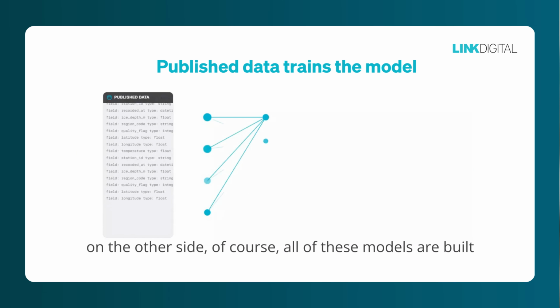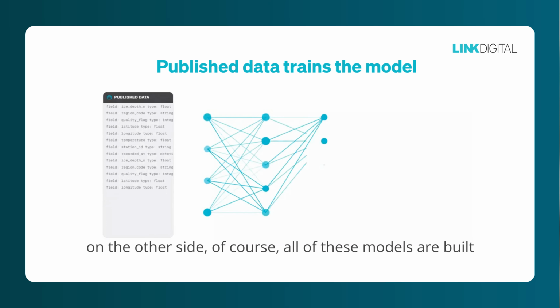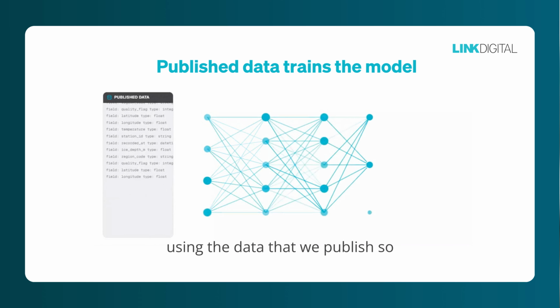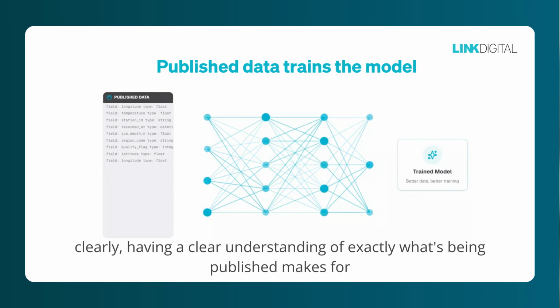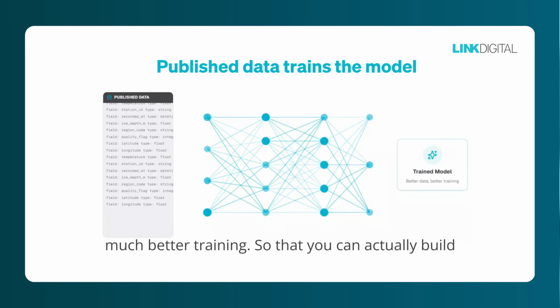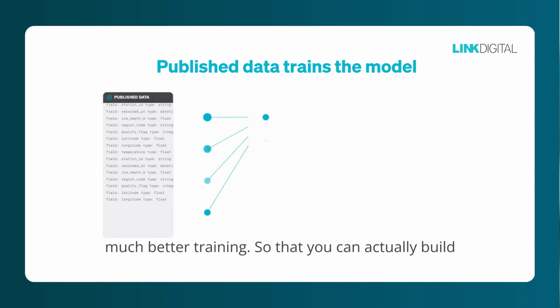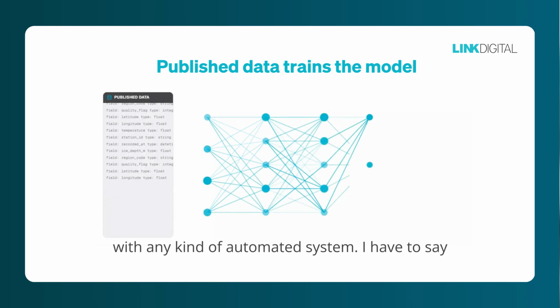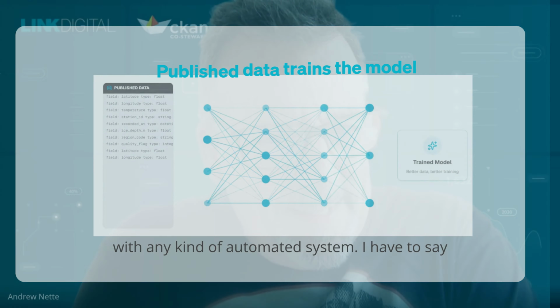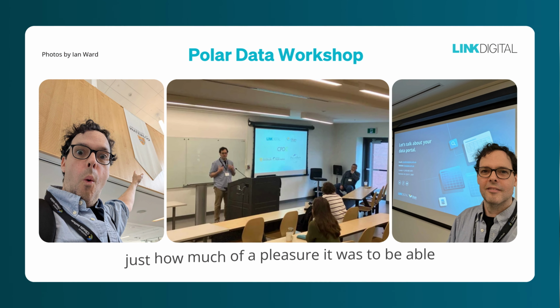But on the other side, of course, all of these models are built using the data that we publish. So having a clear understanding of exactly what's being published makes for much better training, so that you can actually build the types of systems that you're trying to, whether that's with AI or with any kind of automated system.